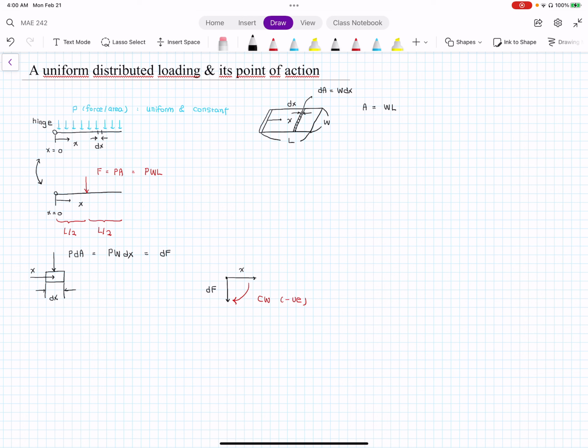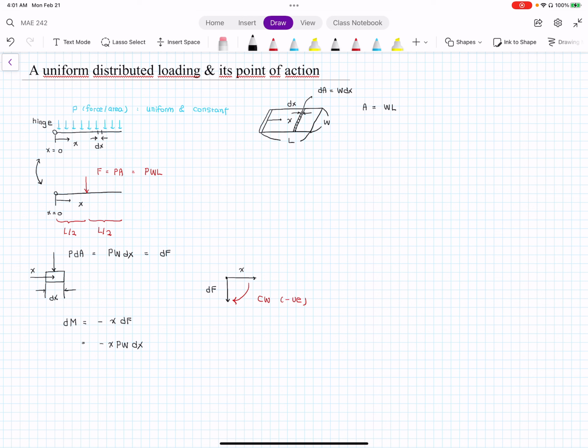So the moment of the force dF has a sign of minus, the moment arm is x, and the force is dF. So this is the moment of the force dF generated around the hinge: minus x P times W times dx.